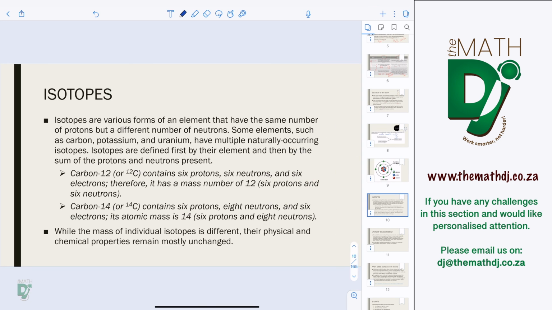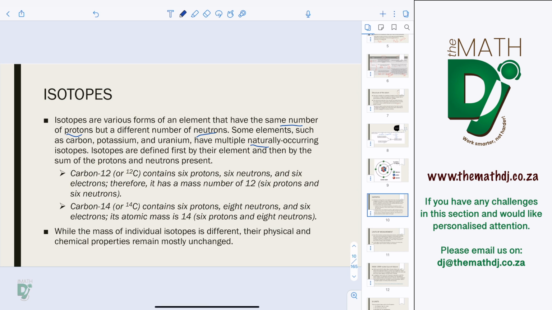Isotopes. Isotopes are various forms of an element that have the same number of protons, but a different number of neutrons. Some elements such as carbon, potassium, and uranium have multiple naturally occurring isotopes.